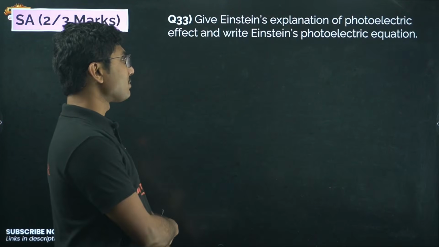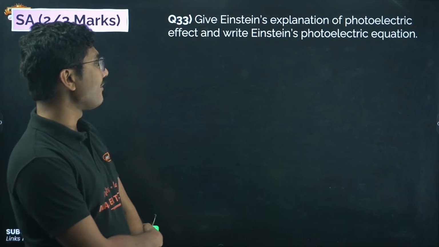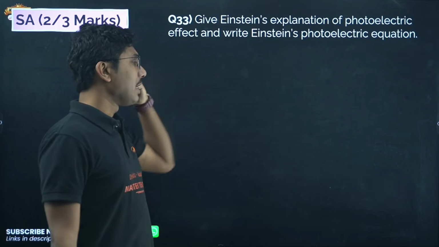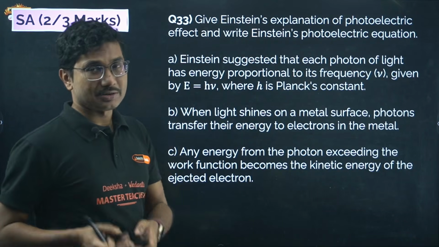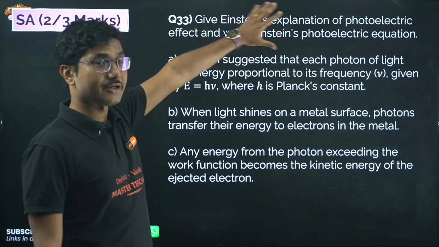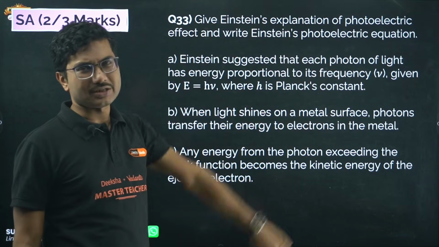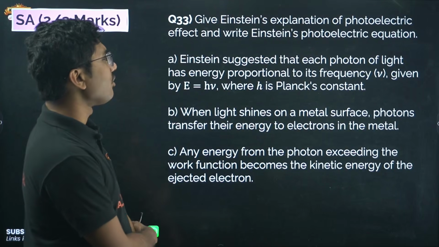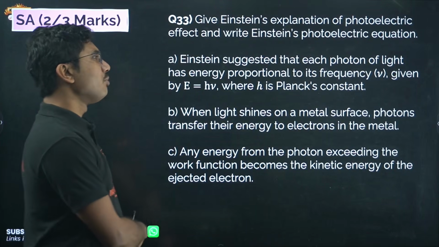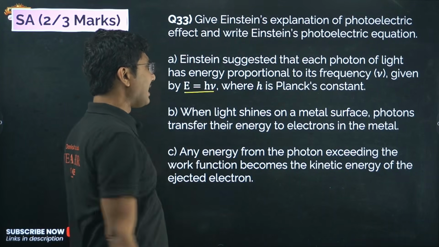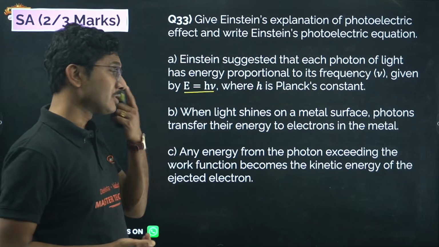Give Einstein's explanation of photoelectric effect and write Einstein's photoelectric equation. Now photoelectric equation we have already written, so let me give Einstein's explanation. Sometimes it can be asked only explanation, 2 explanations or 3 explanations based on the marks. Einstein suggested that each photon of light has energy proportional to its frequency given by E equals h nu, where h is Planck's constant.